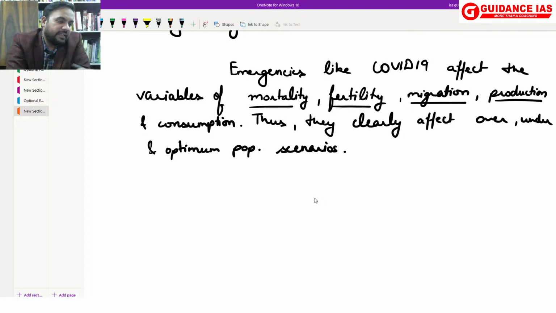So let us take, for example, the factor of how it can lead to overpopulation.